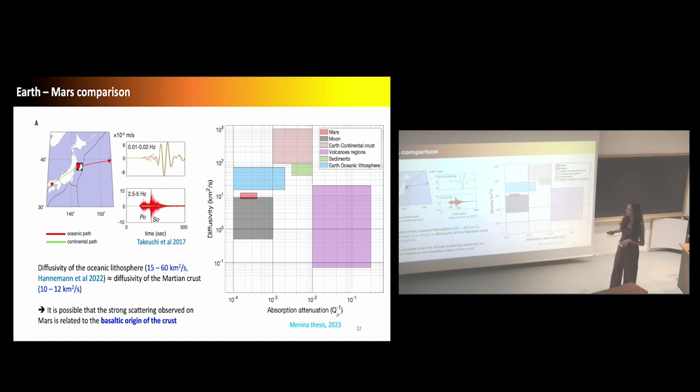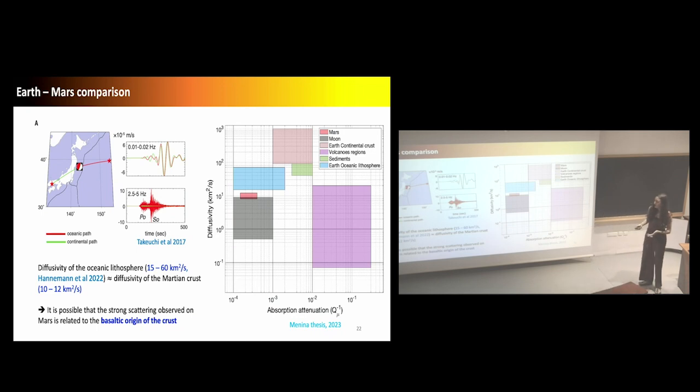At low frequency, the waveform is kind of similar for both seismometers. But at higher frequency, you can see clearly that it is quite different. For the continental part, it's in green, and the oceanic part, it's in red. And this is actually quite similar to what we observe on Mars.